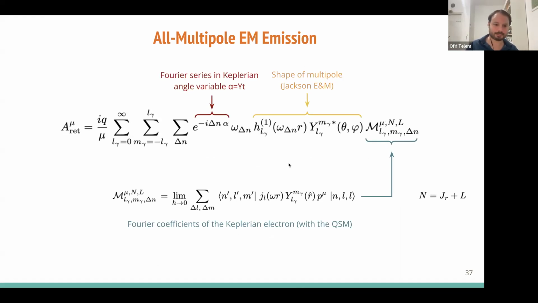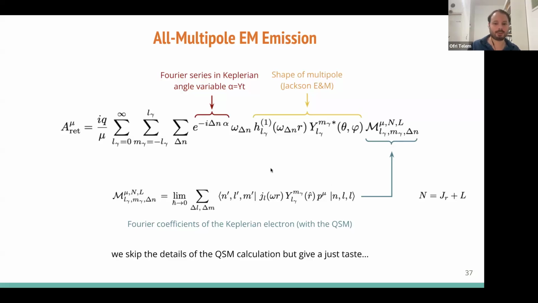This M is given by the classical limit of a quantum matrix element, which now has P mu, which came from the current. And then it has J_L and Y_LM, which came from the coupling of the gauge field. It's the part of the Green's function that's evaluated at the source. This is where J and Y_LM come from.